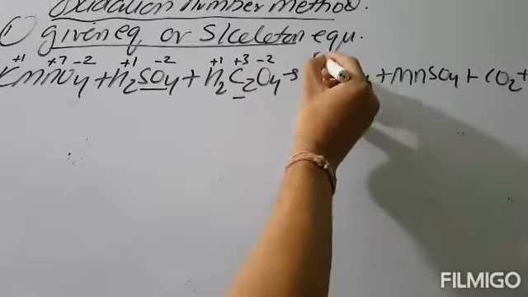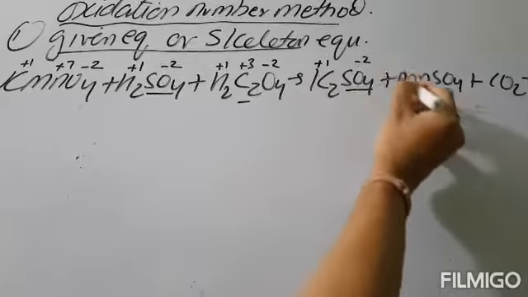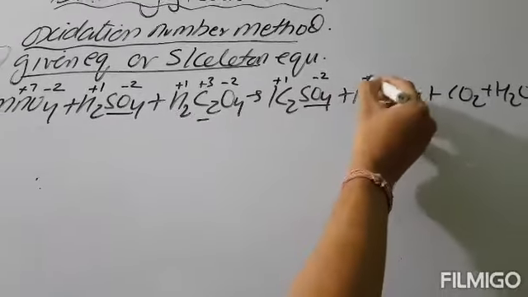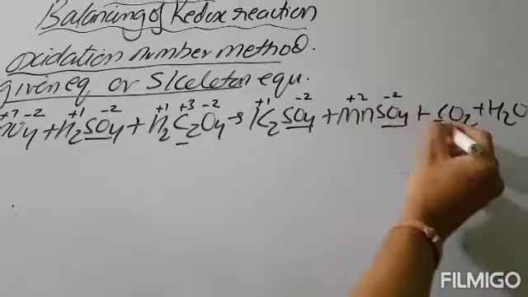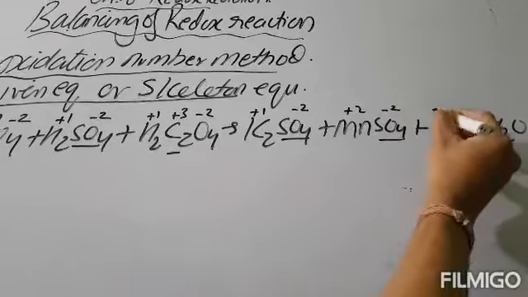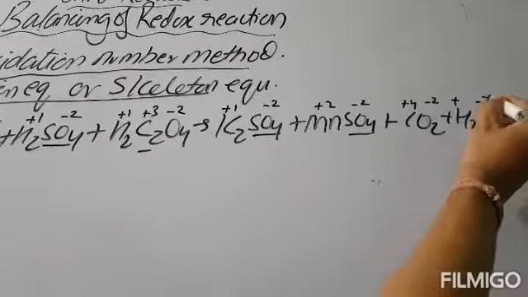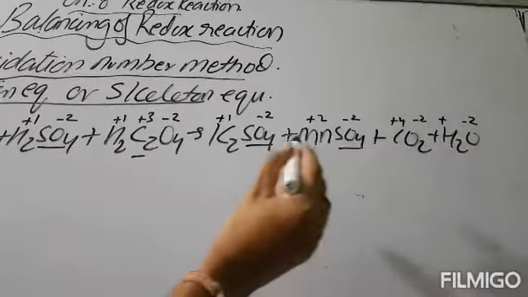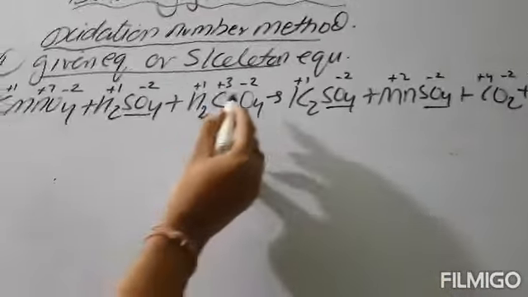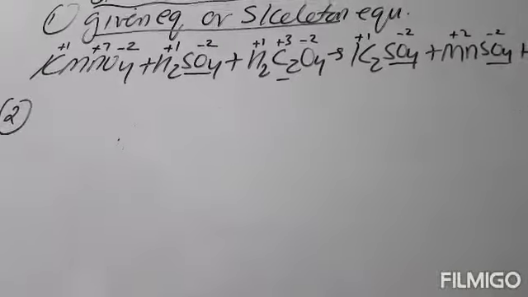Then for K again +1, for sulfate -2, for Mn +2, sulfate -2, carbon +4, O -2, and H +1 and O -2. So this is the second step, in which we write the oxidation number of all atoms.